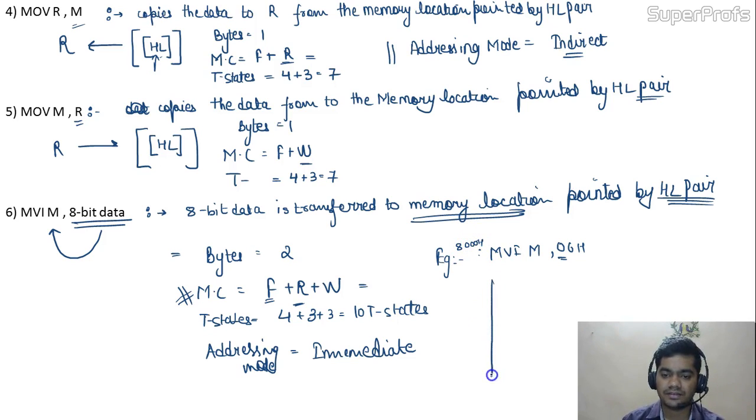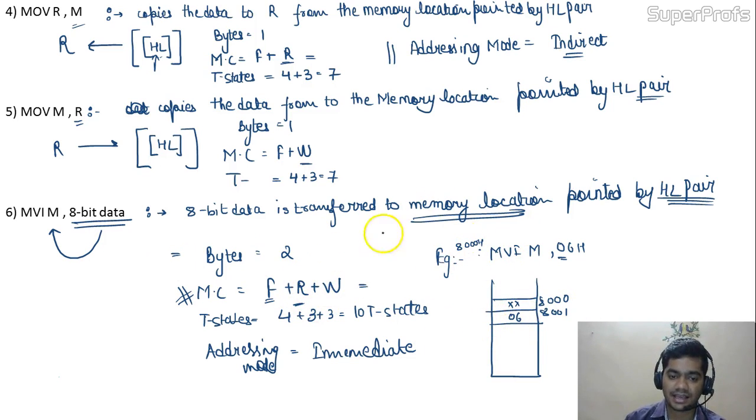So if we are available with this 8000, here would be the opcode, and at 8001 the data would be available. Now in the second machine cycle this data would be accessed, and again this data would be transferred to the memory location pointed by the HL pair.